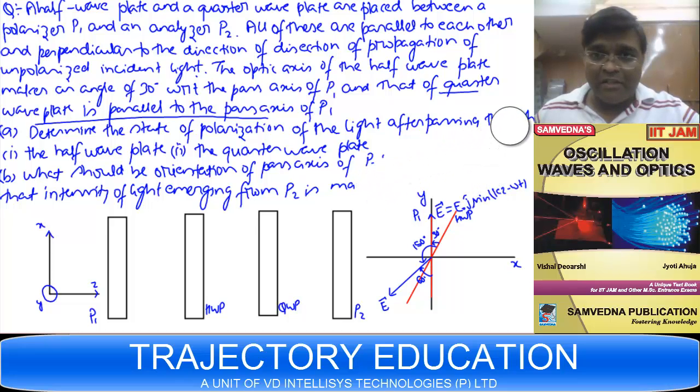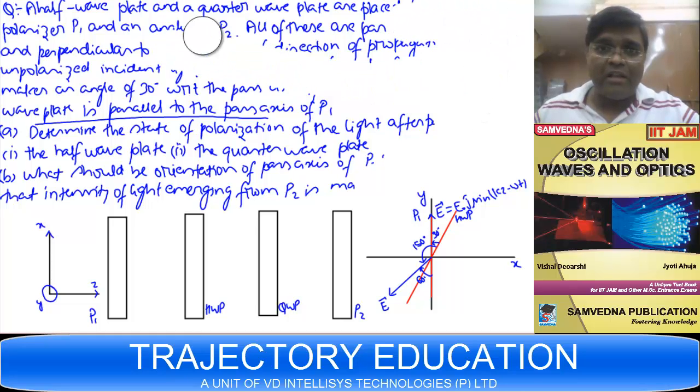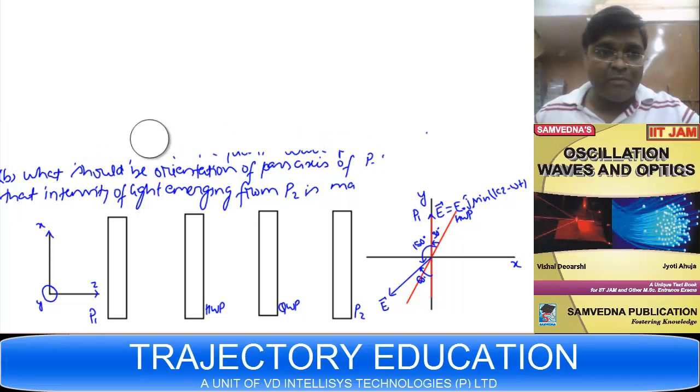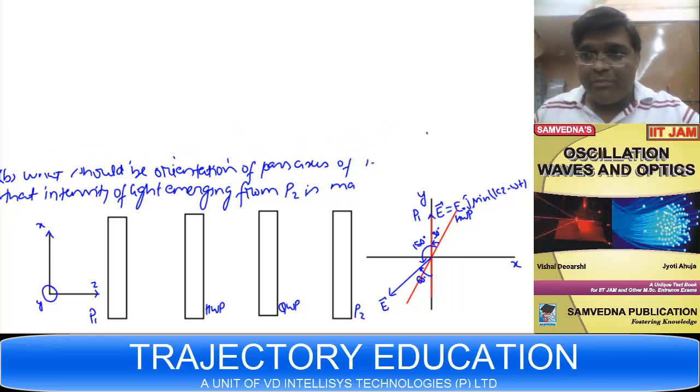So a plane polarized light is falling on the quarter wave plate, making an angle of 60 degree with the principal section. So it will break into two plane polarized lights.